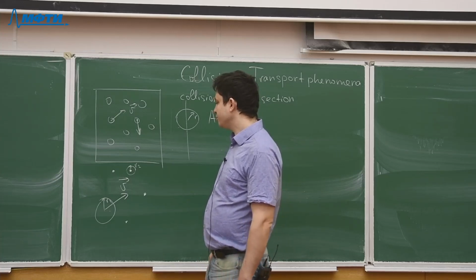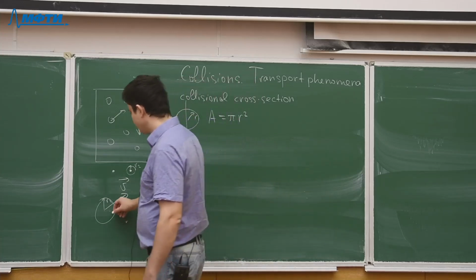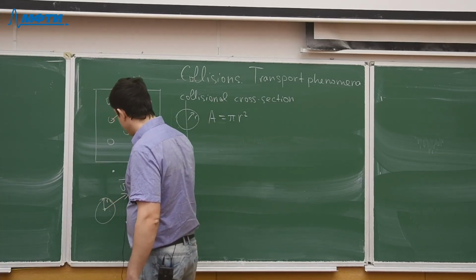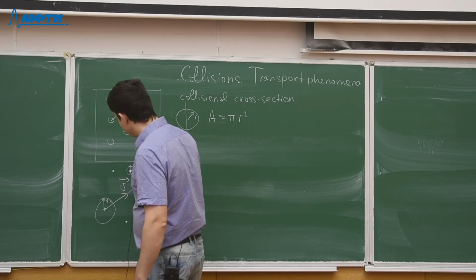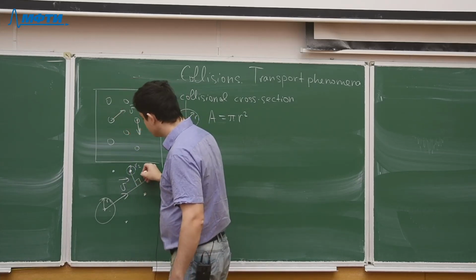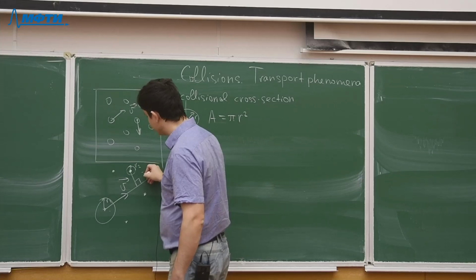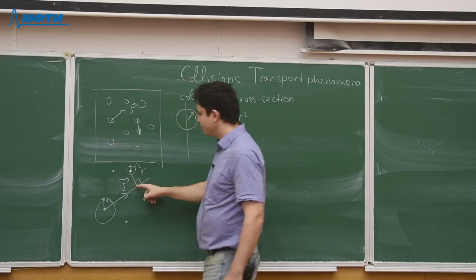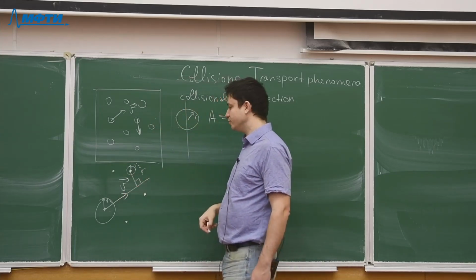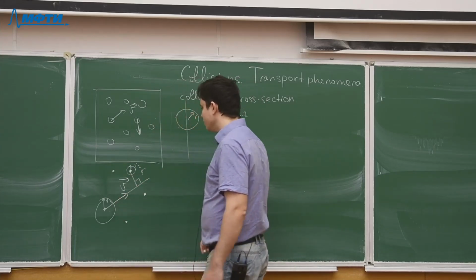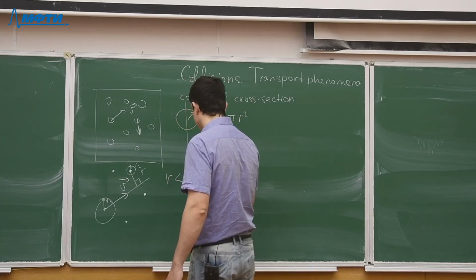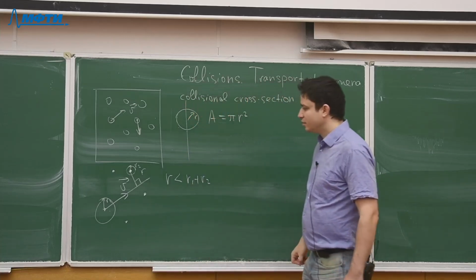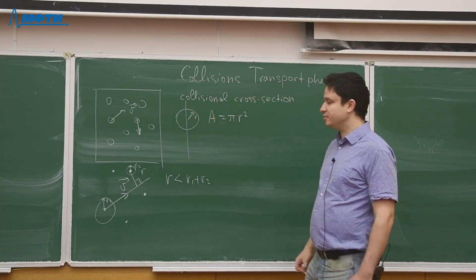So the collision might happen if a center of the molecule happens to be at a distance r from the line of the velocity of the molecule which moves, and when r is less than r1 plus r2. If this happens, then the collision happens.